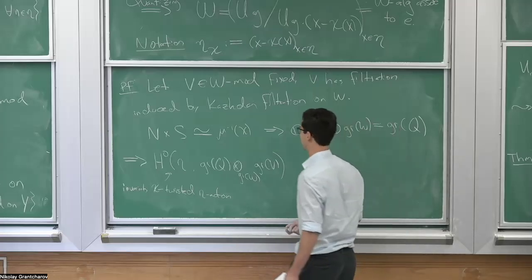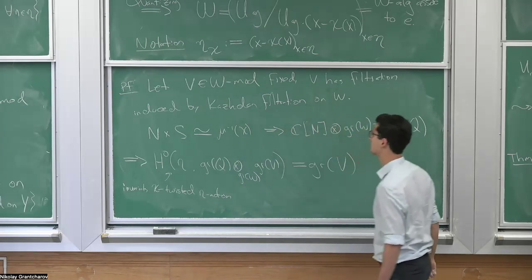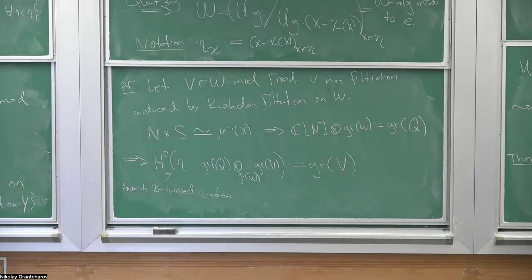So this is just gr V. Notice this shows one of the composites is an isomorphism on H0. The way we show this equivalence is by showing both composites are the identity. We started over here, so we induced and then took invariance.